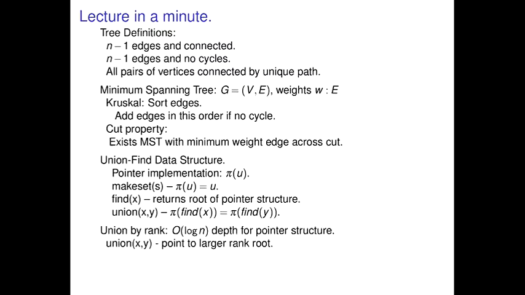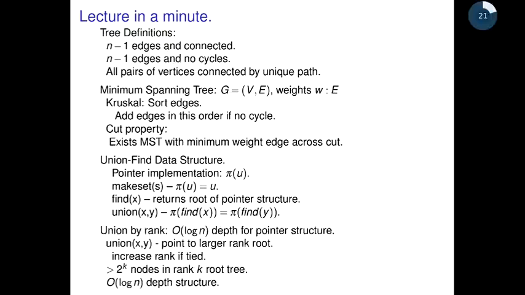The idea is to point to a larger rank root. Rank increases when there's a tie. That's the lecture in a minute, and you can prove that any rank k root tree has a lot of nodes in it, which shows that the depth of the structure is small.